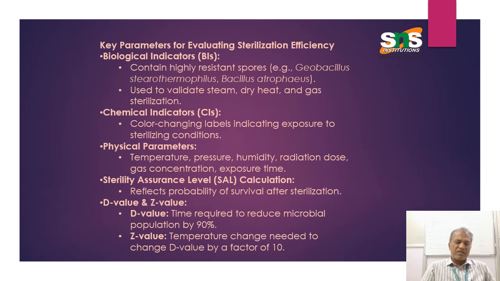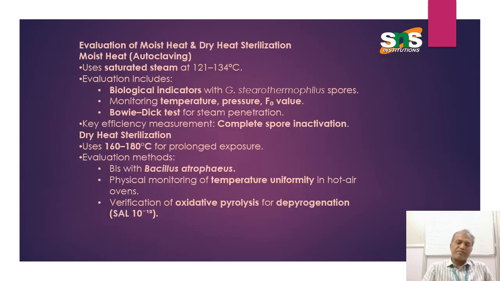The next important things are D value and Z value. D value is the time required to reduce the microbial content by 90% of its total. Z value is the temperature change needed to change the D value, that is, to reduce the microbial population by 90%, by a factor of 10.